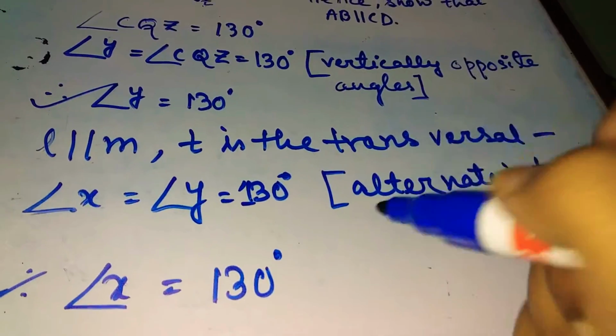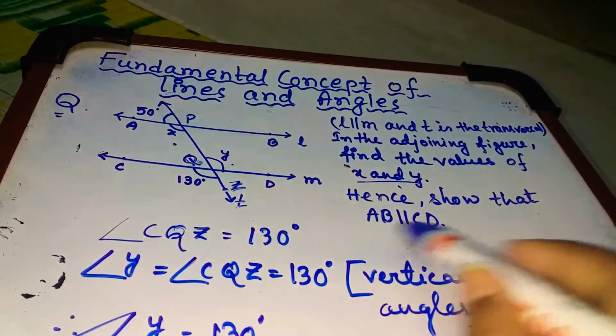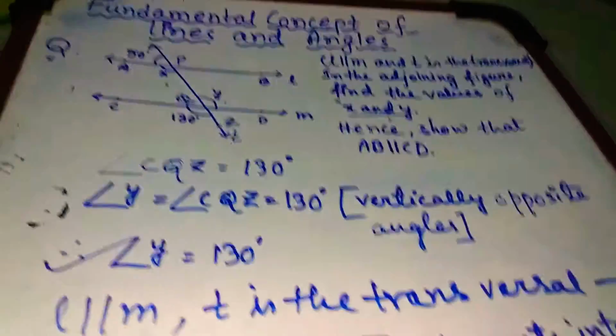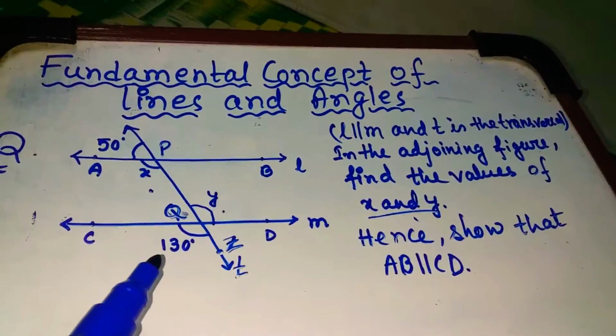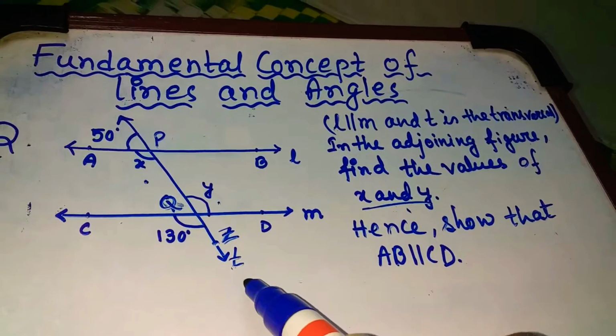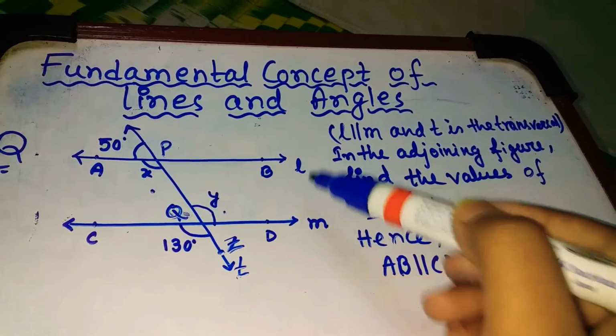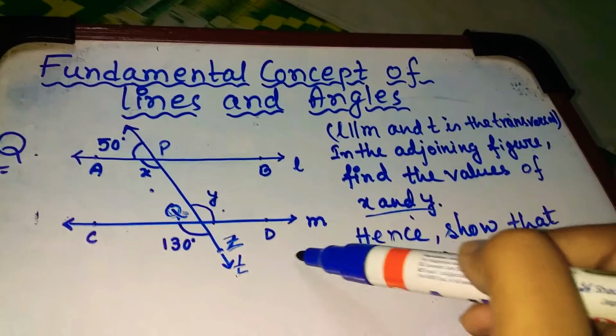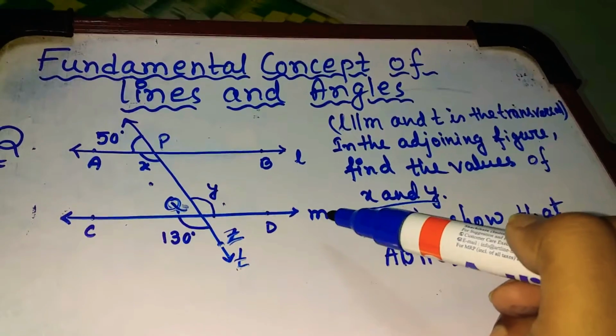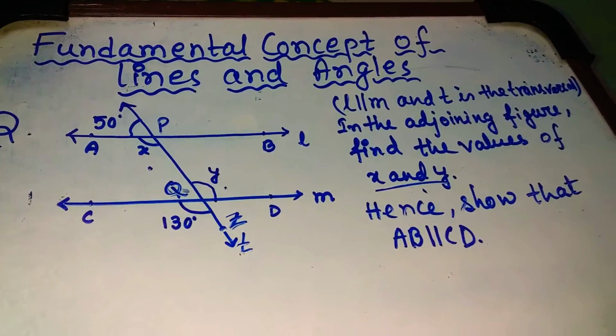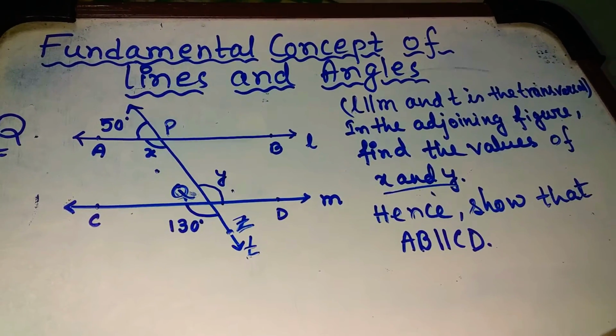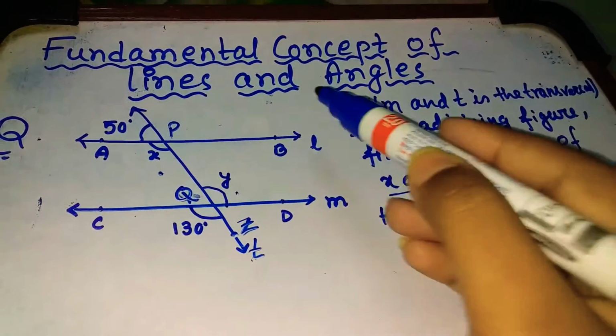Now we proceed to the second part, where we have to prove that AB is parallel to CD. There is a rule that if a transversal passes through two lines in such a way that the consecutive interior angles are supplementary, that means the sum of the consecutive interior angles is 180 degrees, then the two lines are parallel.